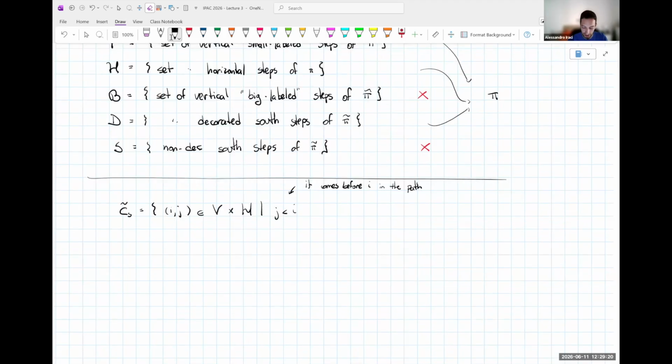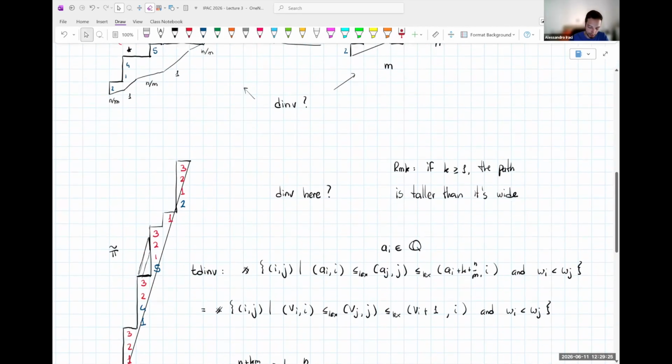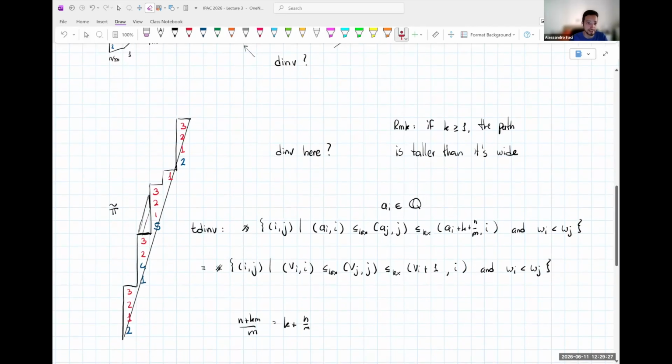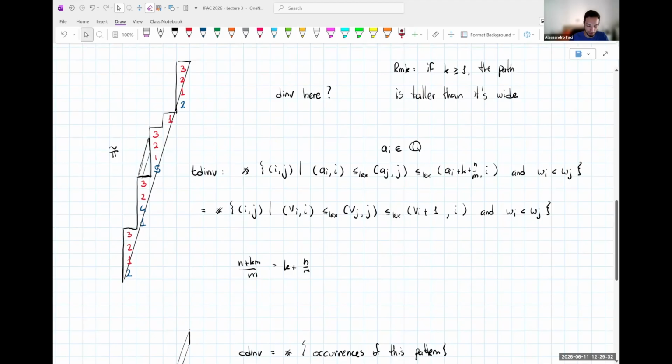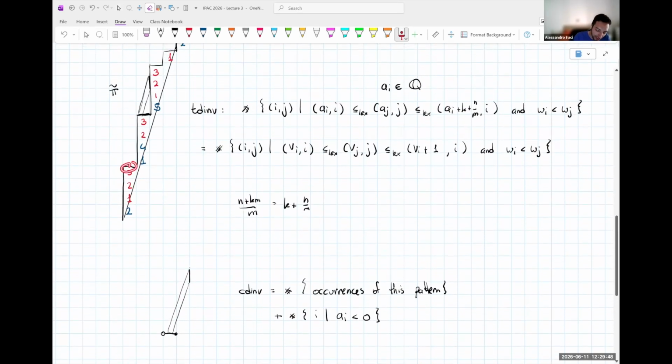Now again, I'm doing a slightly different thing than what people are used to, because normally you just index vertical steps. So if I take i equal 5, then it's going to be 1, 2, 3, 4, 5. It's going to be this step here. But for us, it was a lot more convenient to just label all the steps of the path. So from now on, if I say i equal 5, I mean this horizontal step here, not this vertical step here.